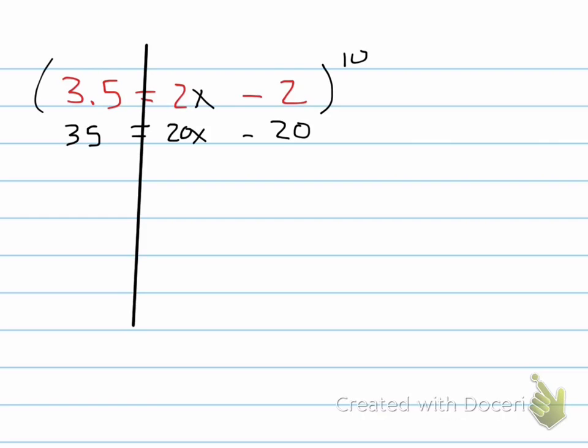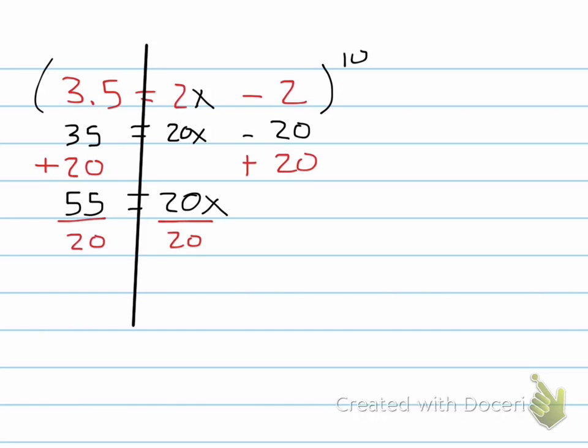Alright, so let's do the same steps as before, where I have to get the x alone. So first I add this 20 that's being subtracted, so it'll be 55 equals 20x, then divide by 20.